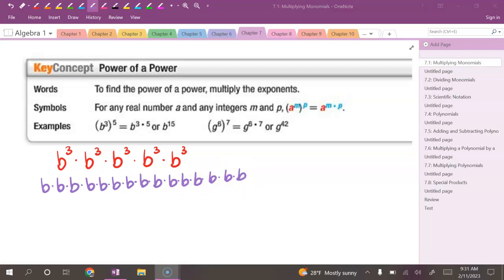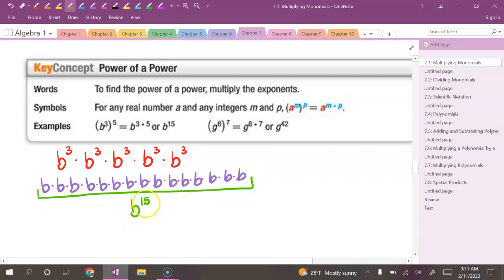So you can see how when I expand it out, there's 15 of these b's here. This is b to the 15th power. So that's why instead of adding like we were doing before, we need to multiply our exponents, because it is written a little bit differently, and the context of the problem is a little bit different too.